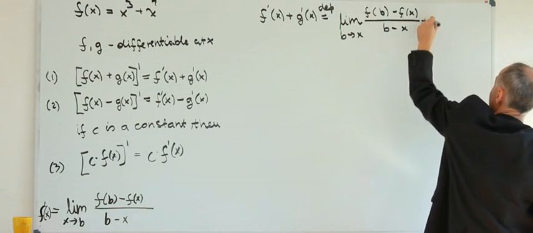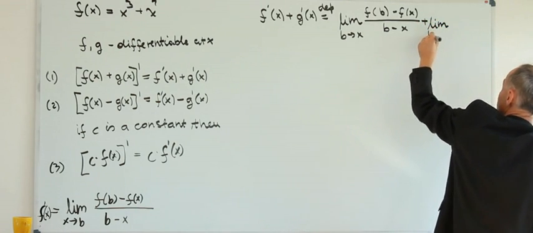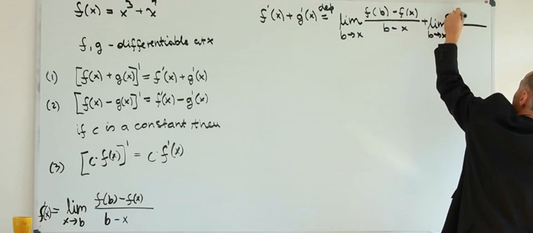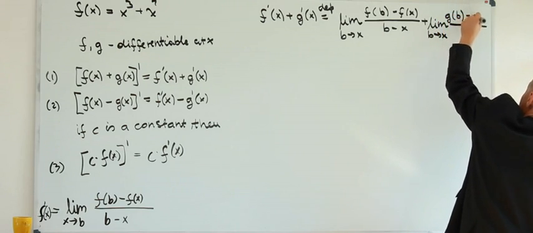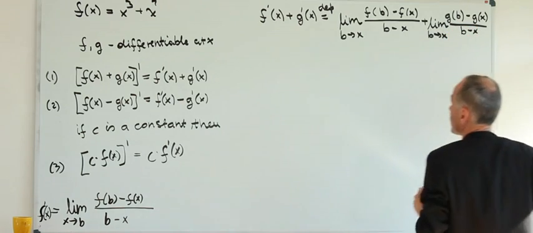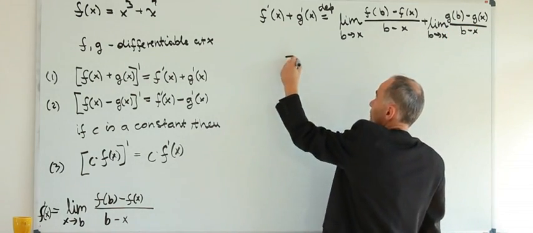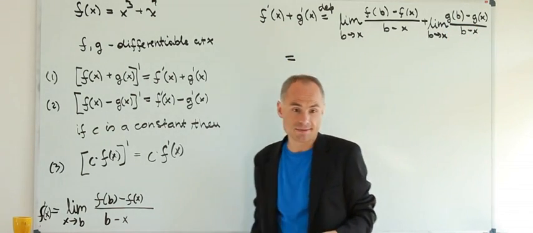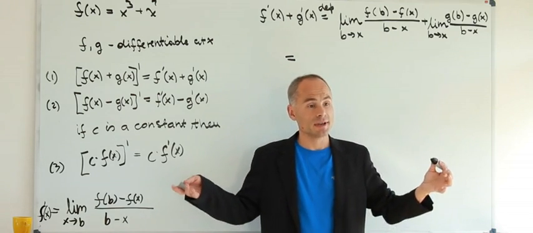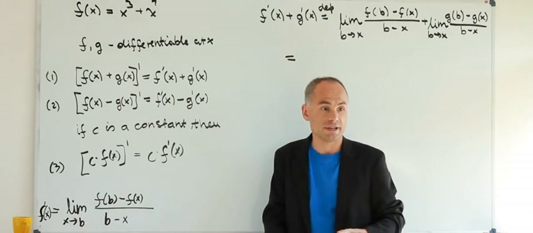And g prime is the limit as b approaches x of g of b minus g of x divided by b minus x. So I have a summation of two limits. And remember, one of the limit laws allowed us to combine these two limits into one.